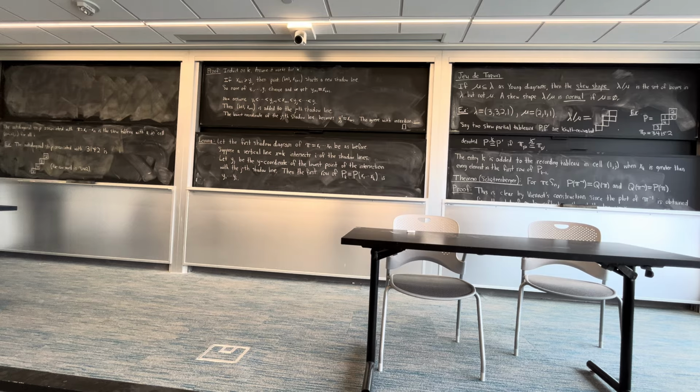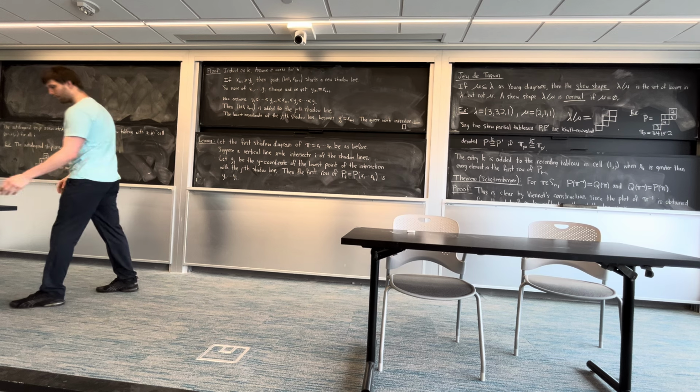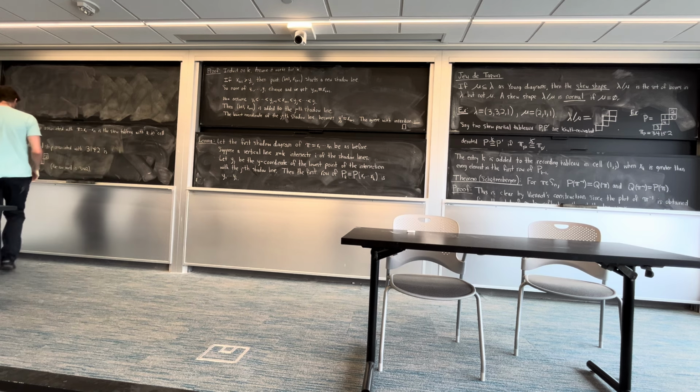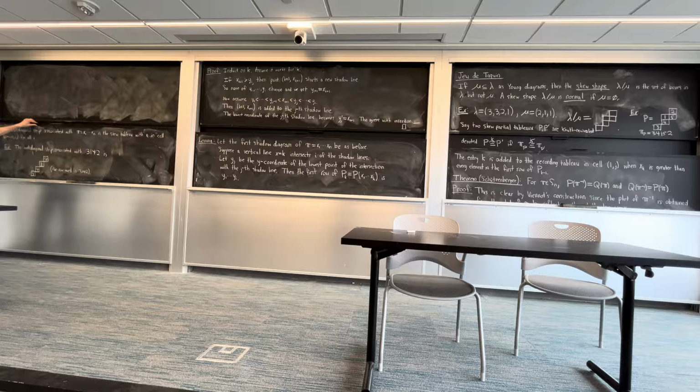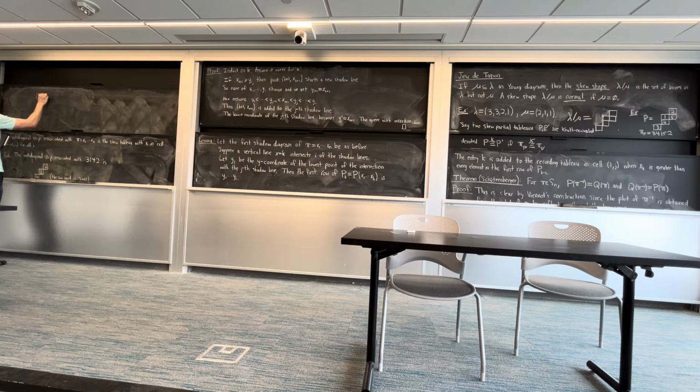Okay, so now I'm going to do Taquin, but instead of writing it out, let me just do an example. Let's say I have a tableau like this. It's a skew tableau, and this is my skew shape.